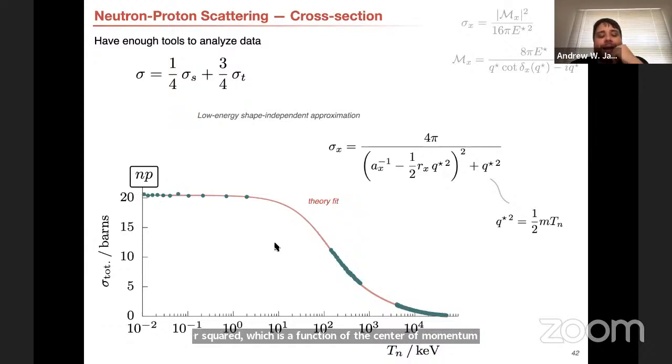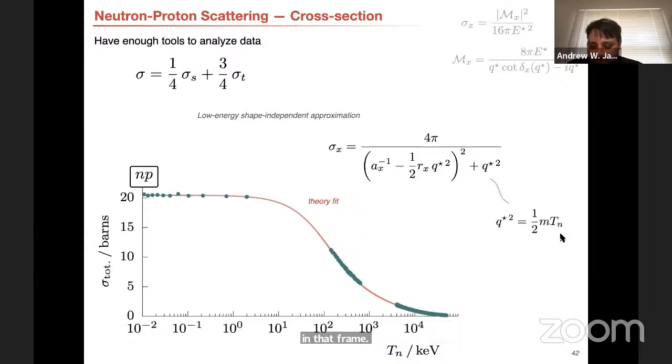The scattering data I give here is in terms of the kinetic energy of the neutron in the lab frame, not in the center of momentum frame. I briefly showed the relation of describing the kinematics in that frame, and here I just give the relation of q star squared equals 1/2 m T_n.